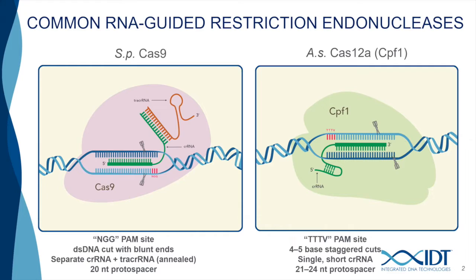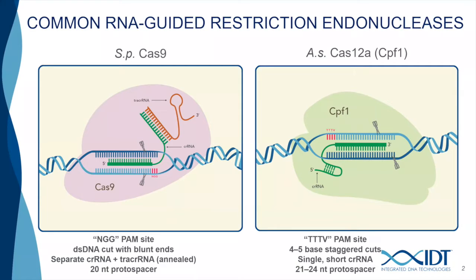Cas9 recognizes an NGG PAM site and makes a double-stranded blunt cut in the genome, and has about a 20 nucleotide protospacer sequence, and is recognized with a crRNA and a tracrRNA that's often fused together into a single guide RNA.